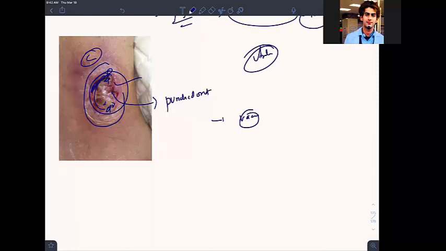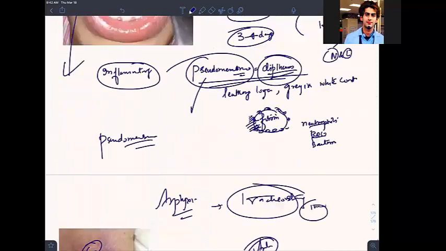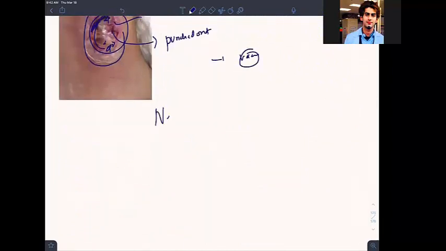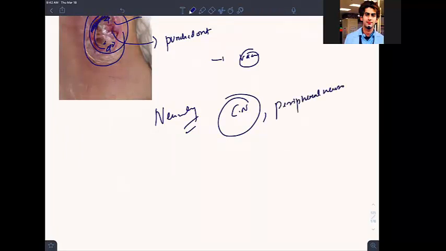Okay. So what else can this diphtheria do if it goes into the system? If I talk about the neurology, it will involve what? Cranial nerves. It will cause peripheral neuropathy. It can cause even paralysis, ciliary paralysis.